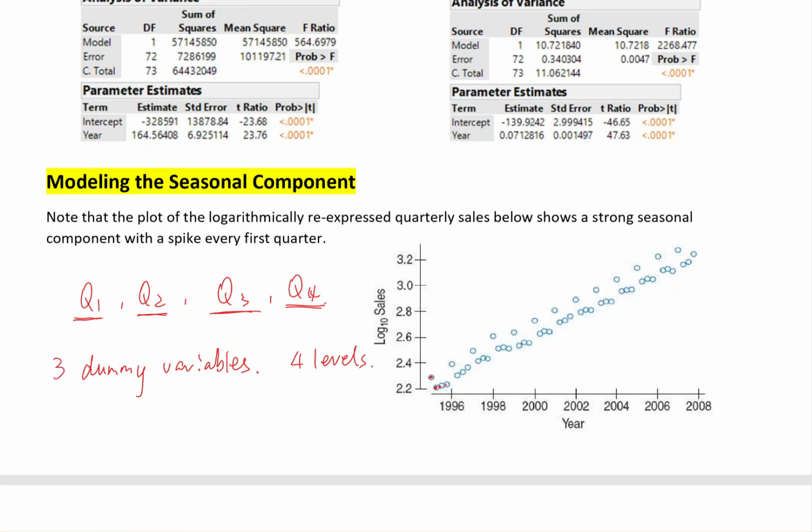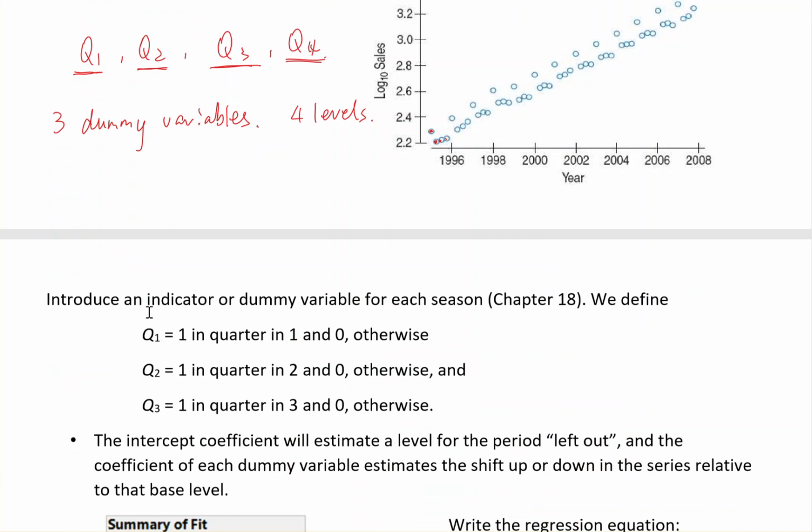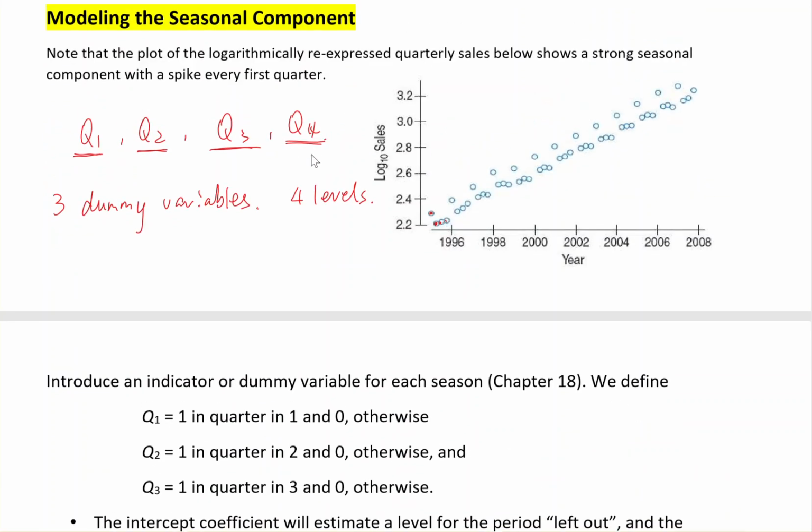We want m-1 dummy variables. You can randomly choose 1 out, and the other 3 will be the dummy variables. Here I just set the 4th quarter as the standard, and the other 3 will be the dummy variables.